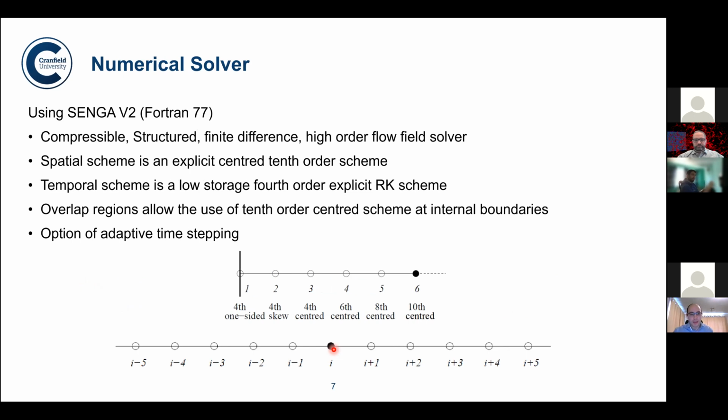The code used is Senga 2, which was developed by Stuart Kent at Cambridge. It's a structured finite difference high order solver. The spatial scheme is 10th order explicit centered, and the temporal scheme is a low storage Runge-Kutta. The main favorable features are not having to reduce the order at internal boundaries, since you have overlaps between blocks to continue using the same stencil all through, and the fact that it doesn't include a matrix inversion process, which helps speed the code on larger cases.